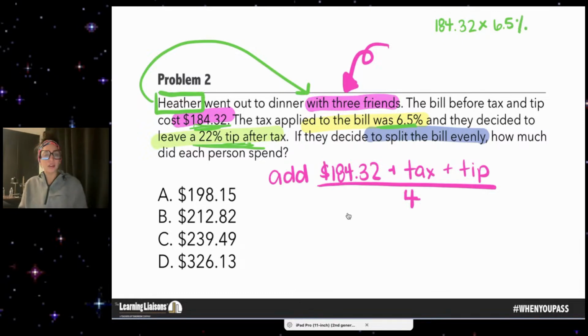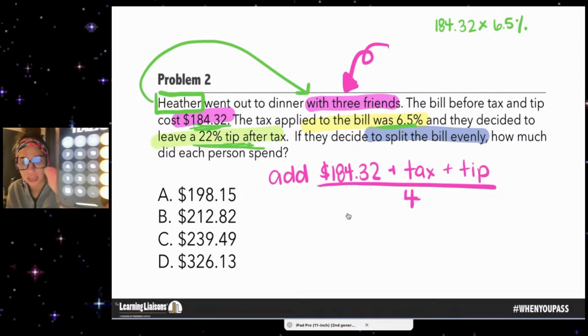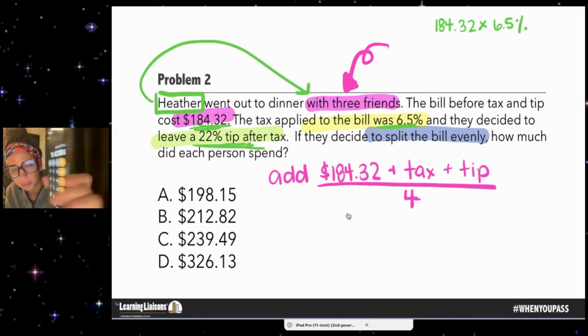However, my handy dandy 4-function calculator doesn't have the ability, well, mine might. Wow. My 4-function calculator actually has, can you see it? I don't know if you can, it might be too bright. Actually has a percentage sign.